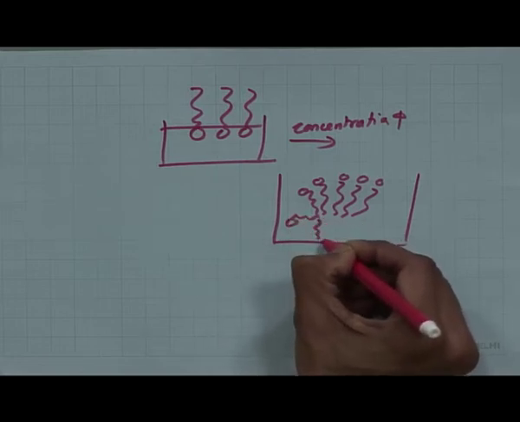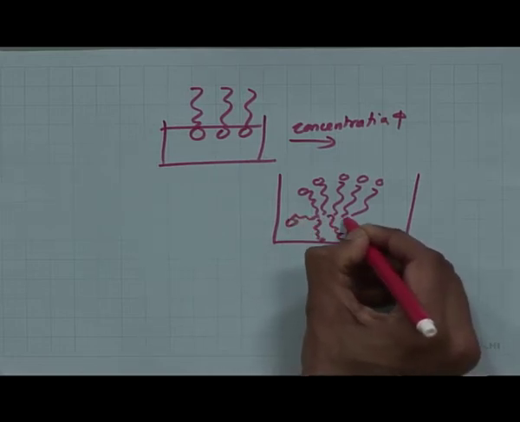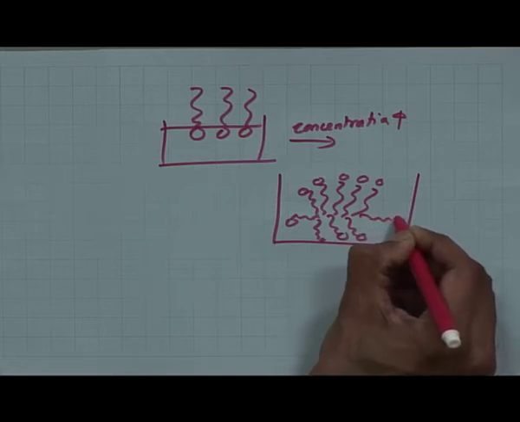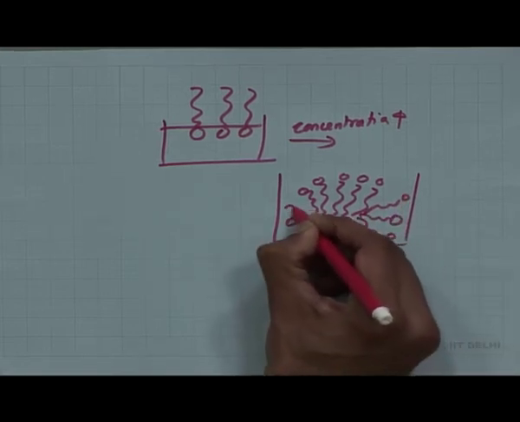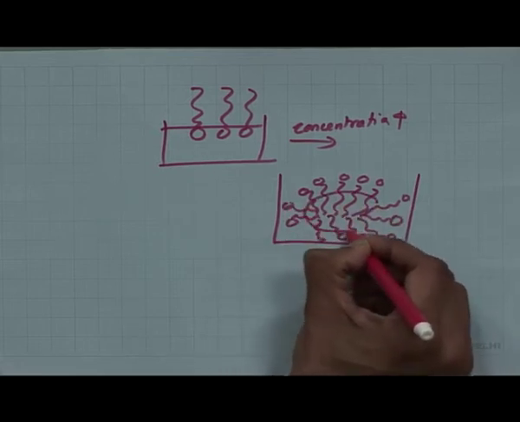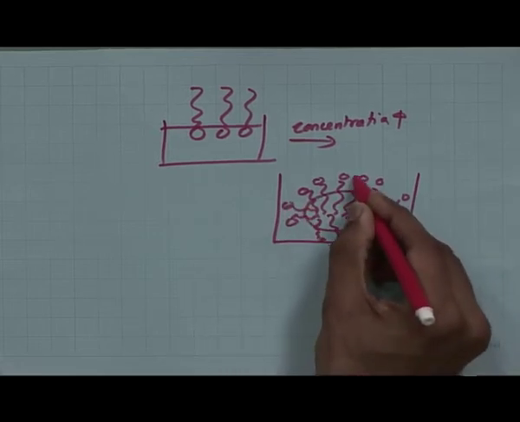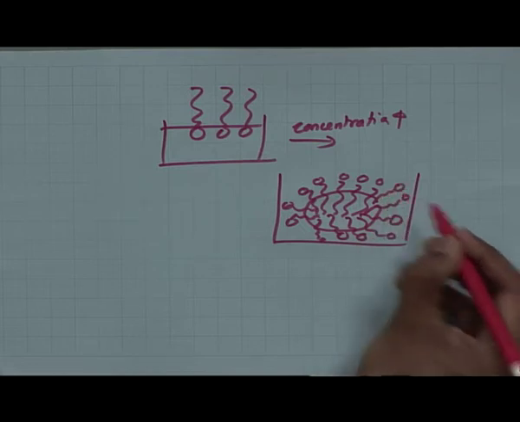This is also a stable arrangement, because the tail portion does not see the water, whereas the outside sees the water.